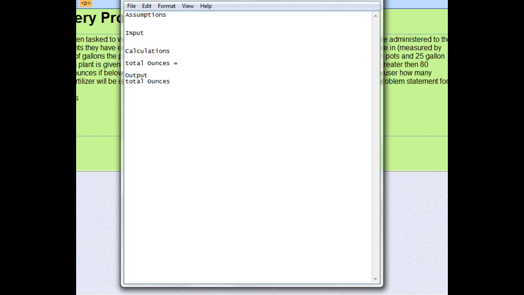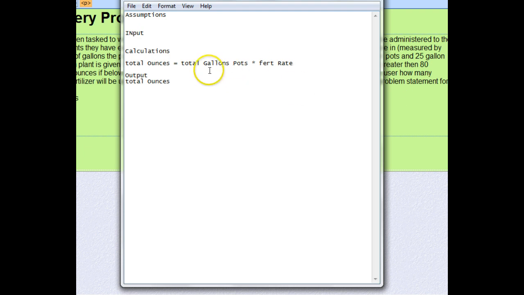Well, if I knew how many gallons of pots I had, each of the pots are different gallons, and I'd have to figure that out. So I'm going to say total gallons pots times whatever the rate is, and we'll call that the FERT rate.